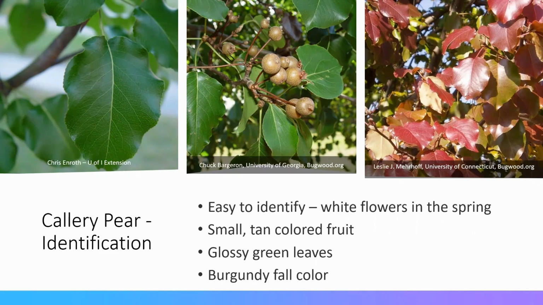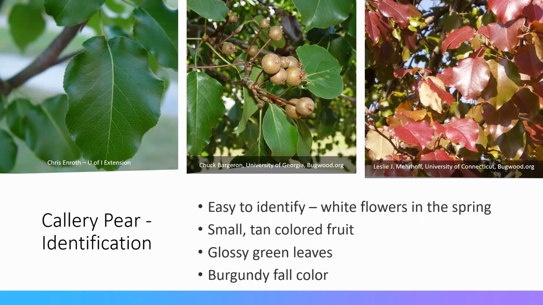Lately, when I've been coming across Callery pear deep in the woods, I just don't think my brain is quite trained enough to identify it as readily, because I have been stumped a couple times only to realize what I'm looking at is an escaped Callery pear.